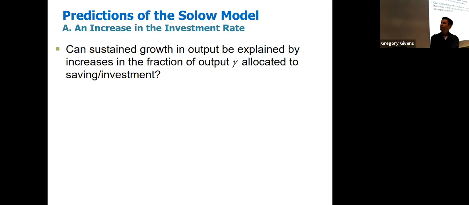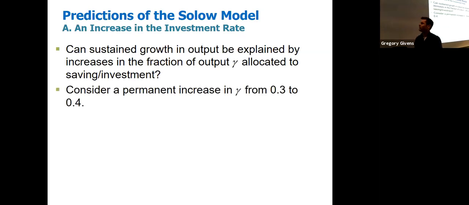The first one I want to illustrate is, I want you to think about what might happen if our economy were to increase the number of resources that we devote towards investment and saving every year. Okay, so in the examples that we've been working through so far, we've assumed that this investment fraction of output was 30%.